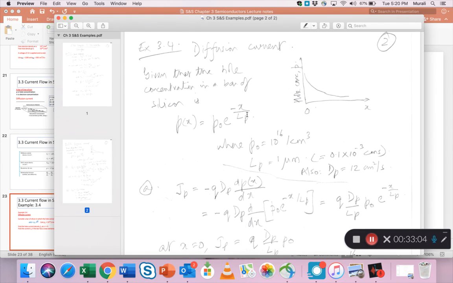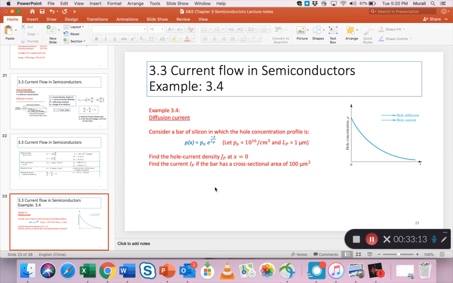Given the hole concentration in a bar of silicon, let's read the problem together first. This curve is from the textbook. It tells you it's an exponential profile, not linear, so you expect an exponential formula, which is what we have here.